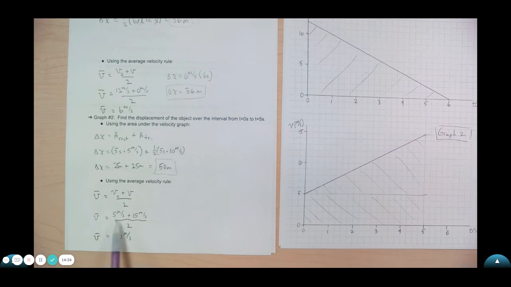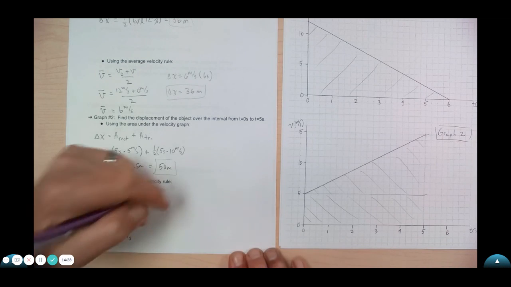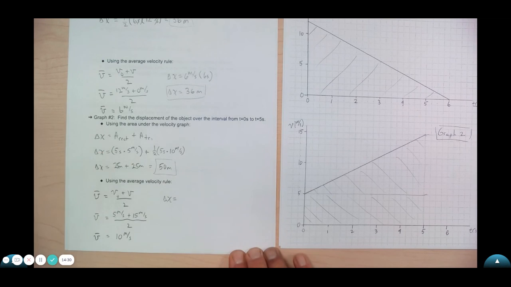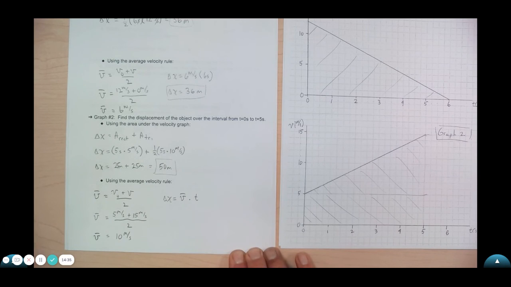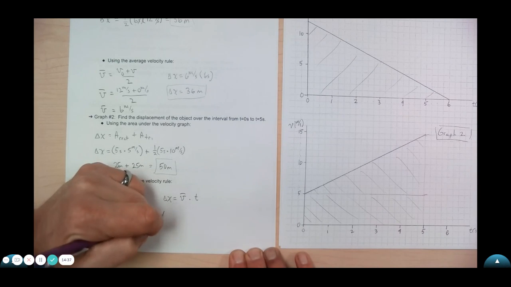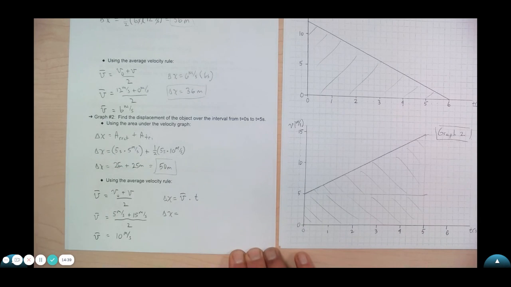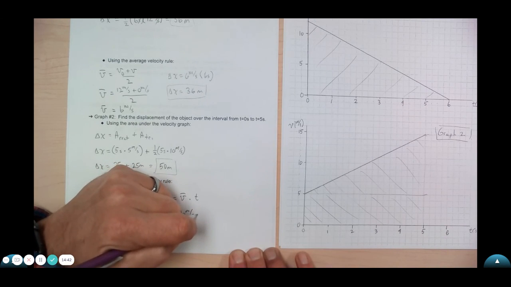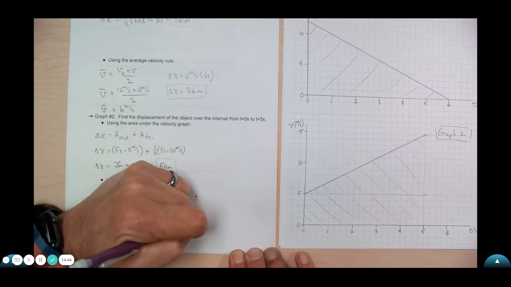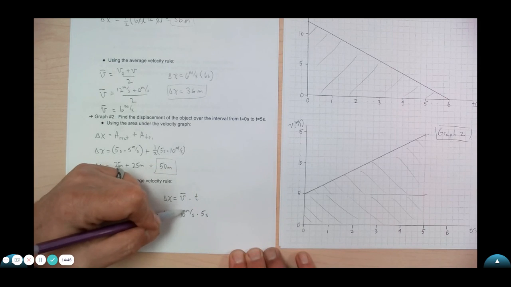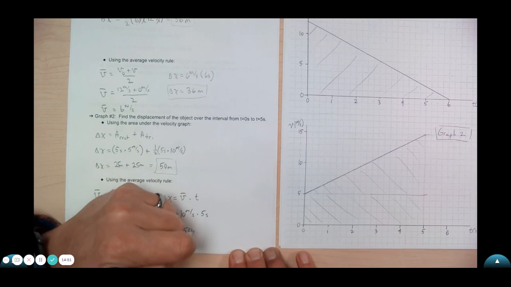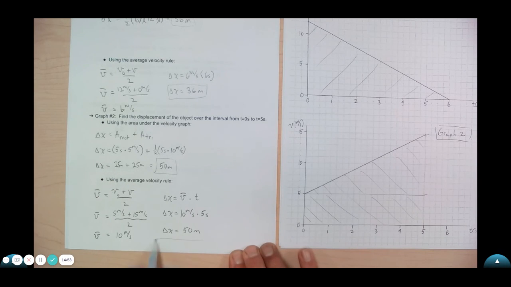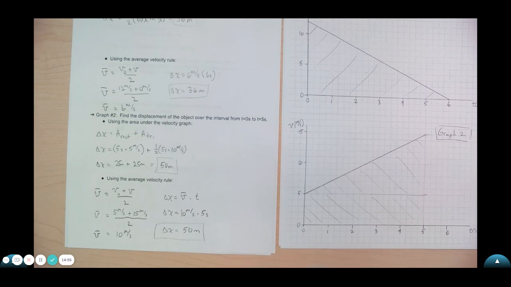If you start going 5 and you end going 15, you probably went on average 10. So this thing's displacement must have been that average velocity times how long it went that average velocity for. Average velocity is 10 meters per second, and the time was 5 seconds. 10 meters per second times 5 seconds, 50 meters. What do you know? You get the same thing.